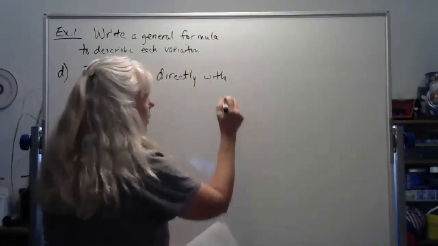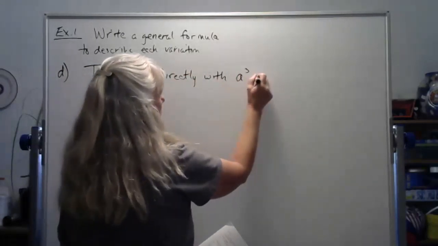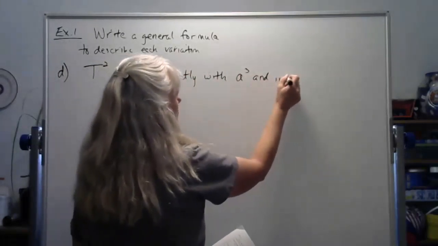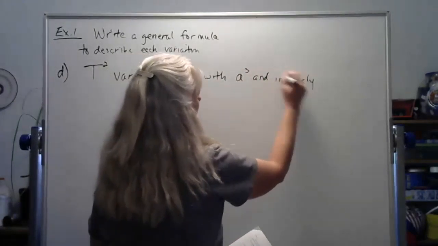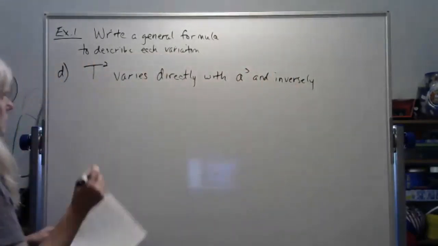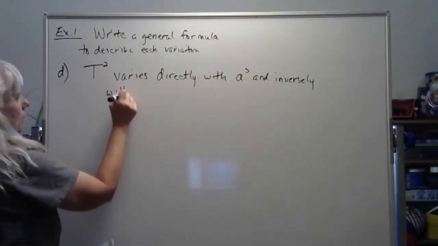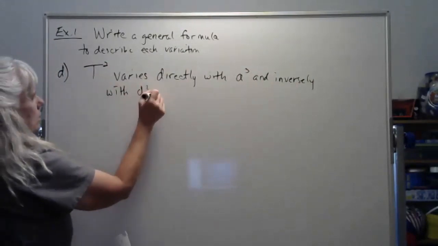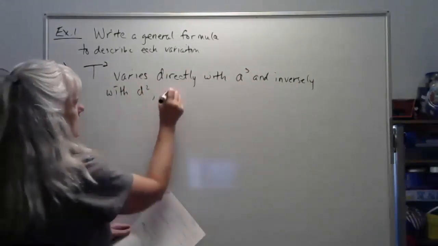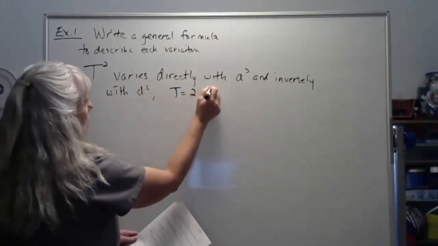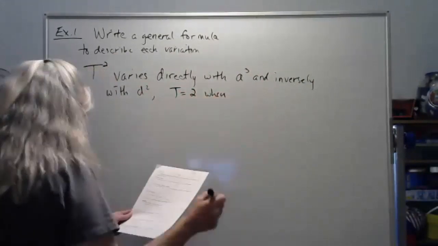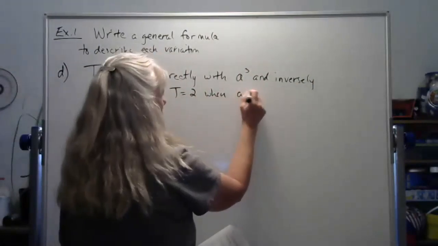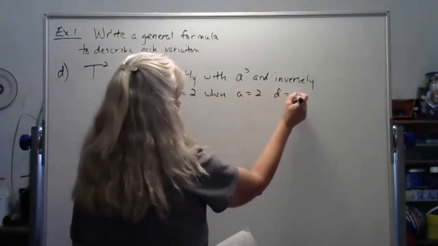It varies directly with the cube of A and inversely with the square of D, so that would be D squared. Then it goes on to tell me that T equals 2 when A equals 2 and D equals 4.